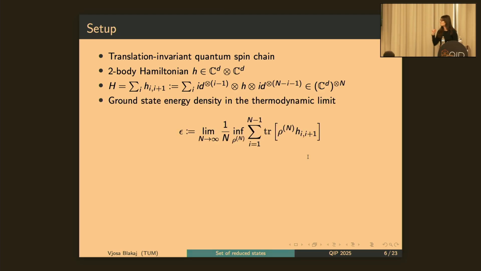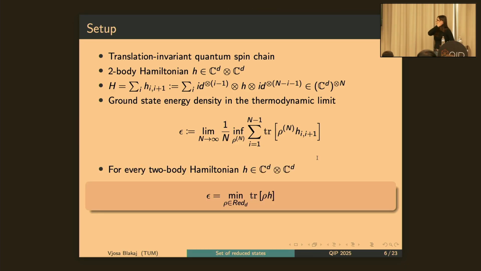So it is well known that the ground state energy density in the thermodynamic limit can be calculated by just taking the limit of the number of particles going to infinity and taking the infimum over all n-partite density operators of the trace of my n-partite density operator and the overall Hamiltonian, which is just the sum of the small H_{i,i+1}.